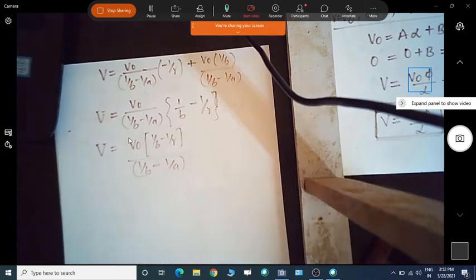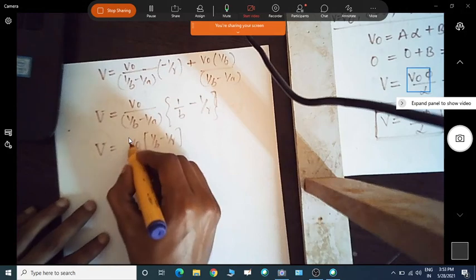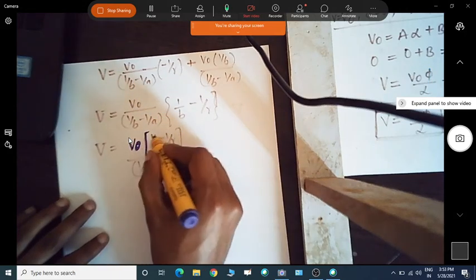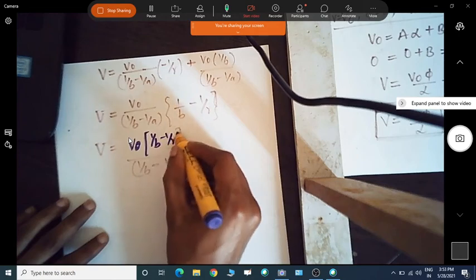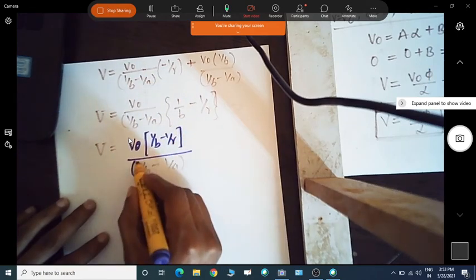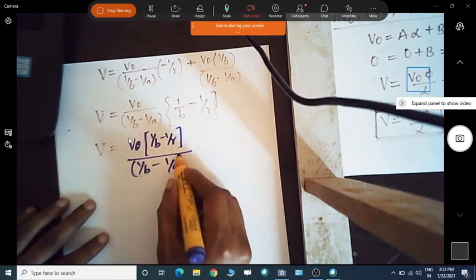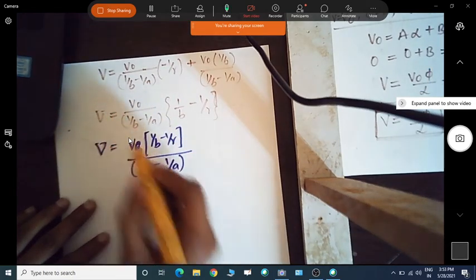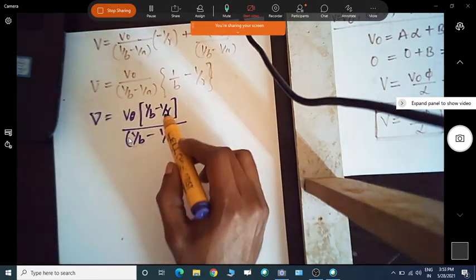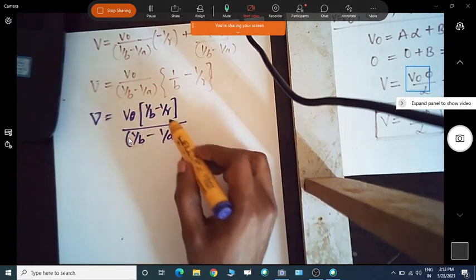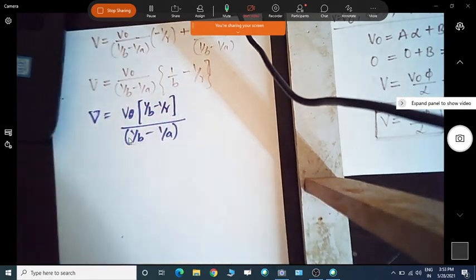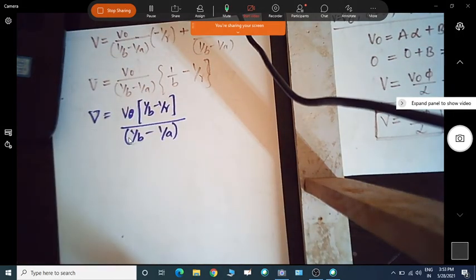This is the solution for the Laplace equation whenever the potential varies with respect to r. If I substitute some values for a, b and V naught, we will get V as a function of r.